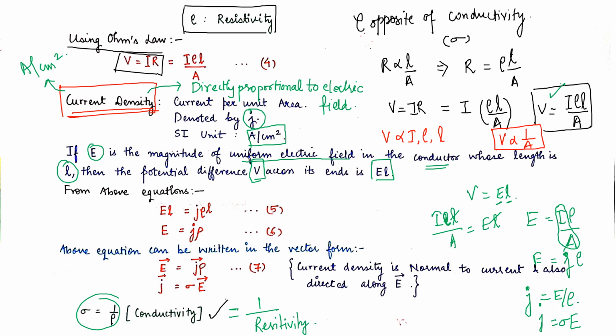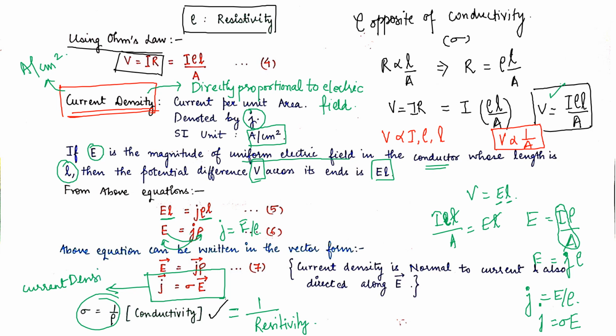So this is the formulation. See here, EL equals J rho L, E equals J rho, and here if we take J on one side and E on the other, it will be J equals E upon rho. And if we follow up this equation, we will get the value of our current density.